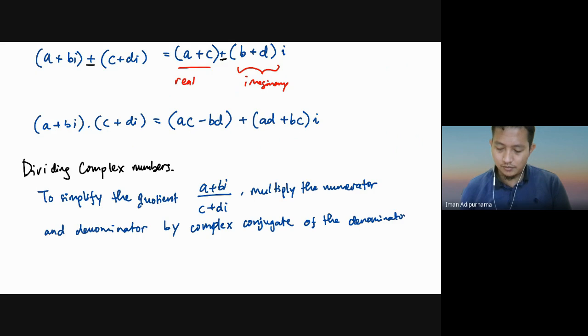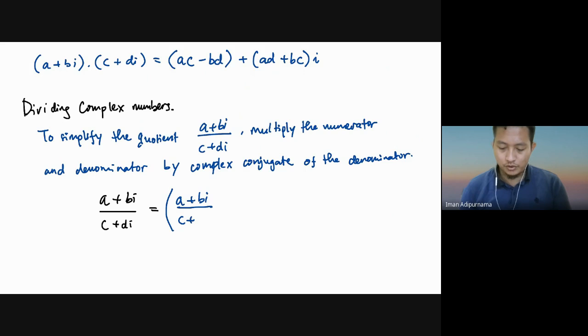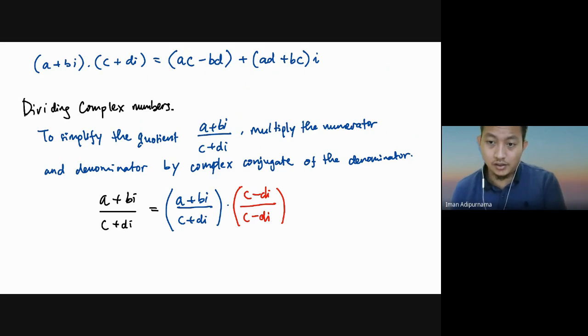Okay. So if you have a plus bi and c plus di like that, we can multiply. Let me write one more time here and multiply by the conjugate. The conjugate will be c minus di. Why do we need to multiply with the conjugate?